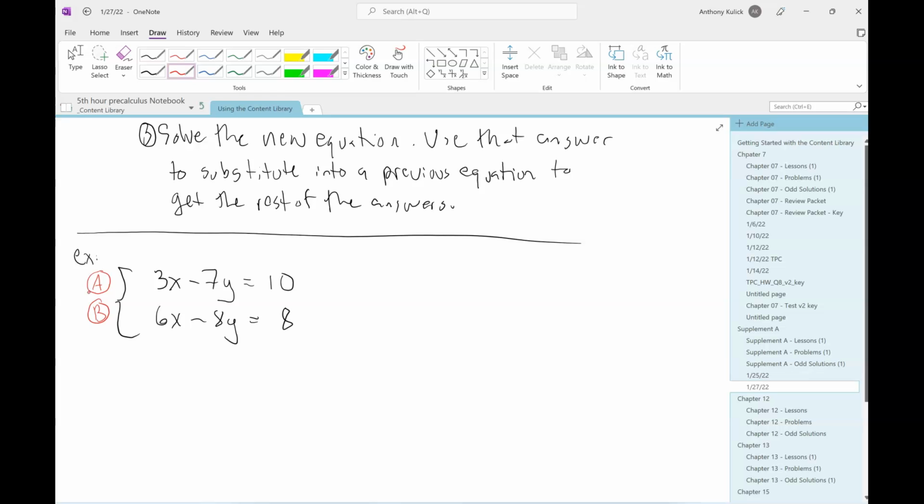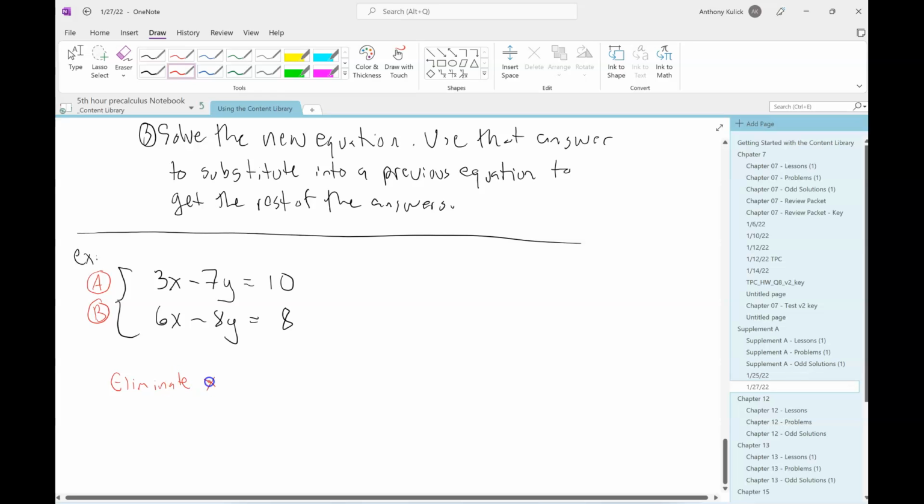Okay, so let's say I want to eliminate the x. What would I have to multiply equation A by, or equation B by, or both equations, so that the coefficients on the x are opposites?